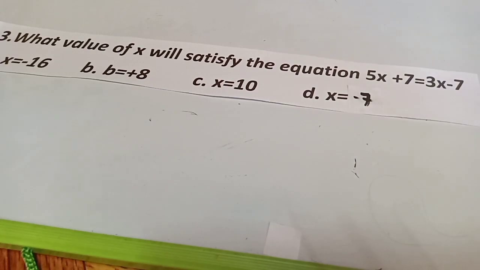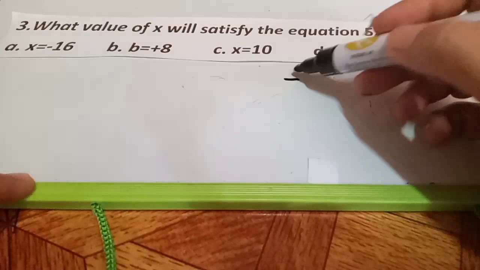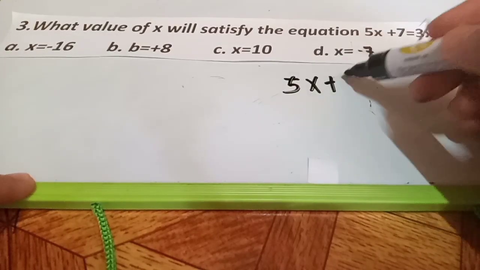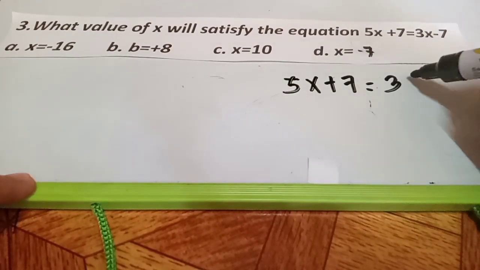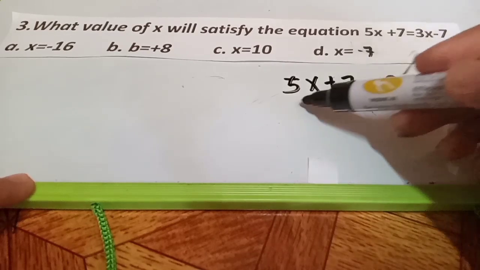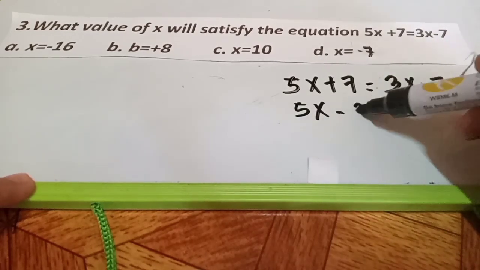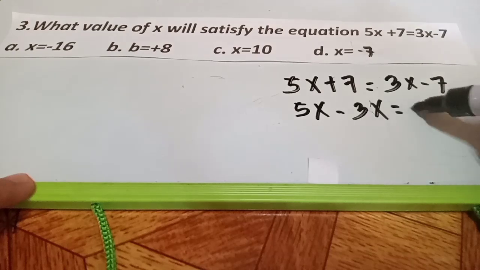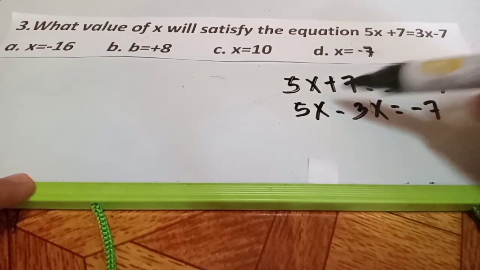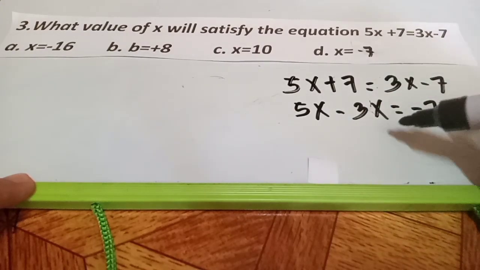So first, this is already a linear equation. We know that 5x plus 7 is equal to 3x minus 7, so automatically 5x minus 3x is equal to negative 7, because positive 7 will become negative 7.